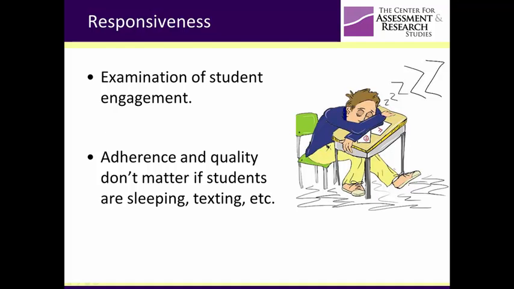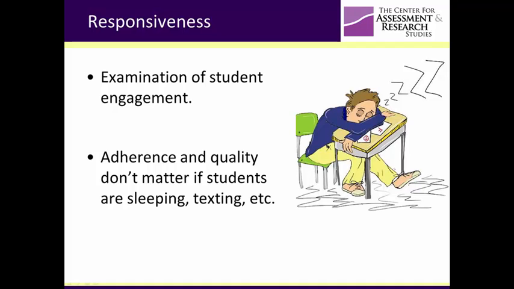Okay, now finally we need to look at student responsiveness or engagement. So in other words, I may have done what I intended to do, and this may have even been at a decent level of, let's say, quality, but this really doesn't matter if the students are simply unengaged.